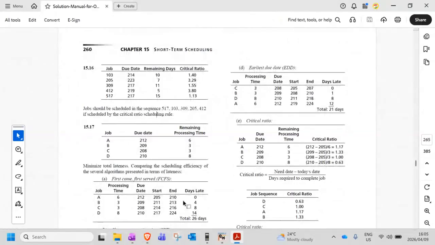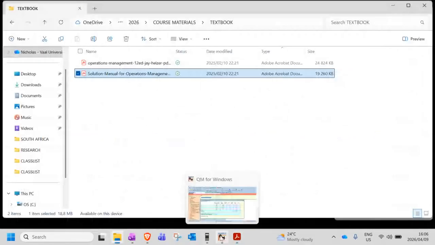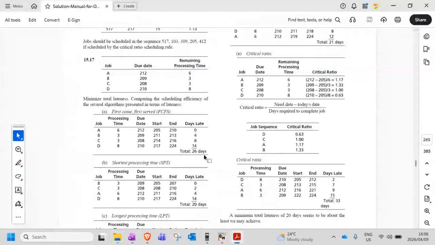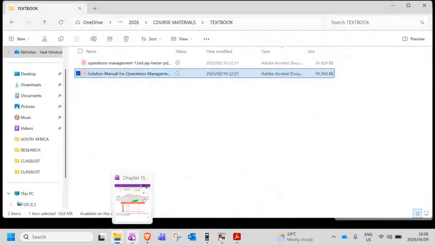Oh, end date is 10. So 210. So what's my starting date? 205. Oh, I wasn't supposed to solve this problem. They just wanted to sort.